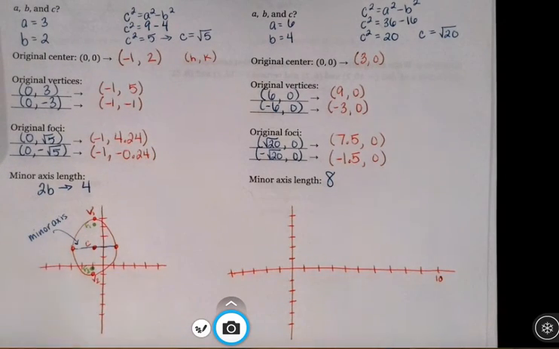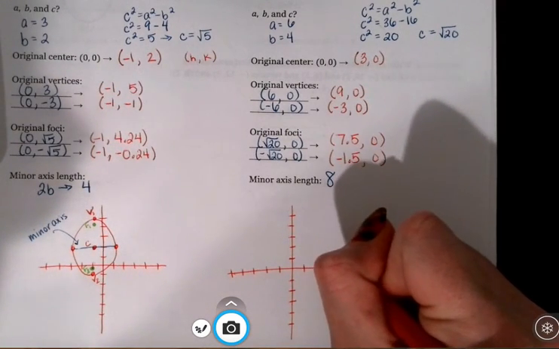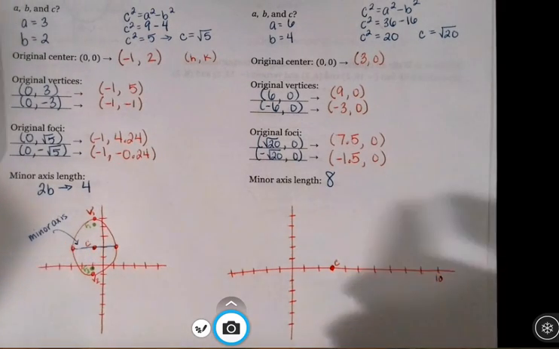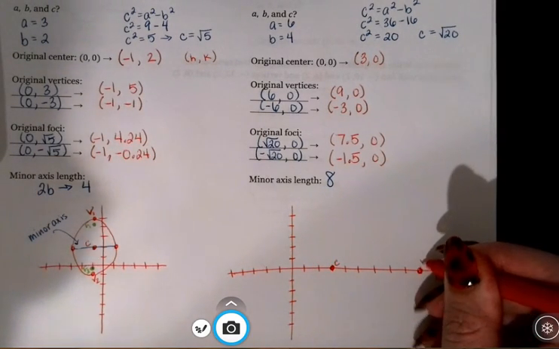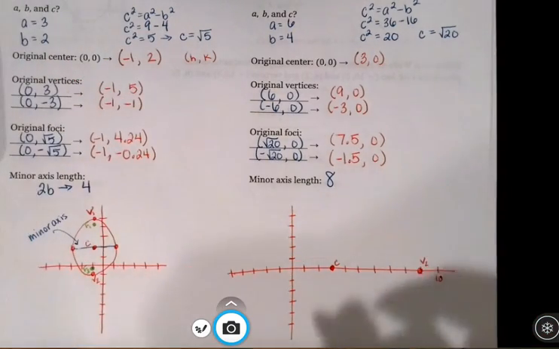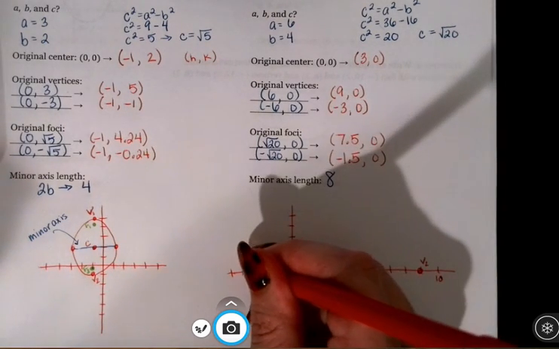So I'm going to start with my new center, so 3, 0. So 3, 0 is here. That's my center. My vertices are at 9, 0, so this is 9. Make sure I counted that right. And then another one at -3, 0.